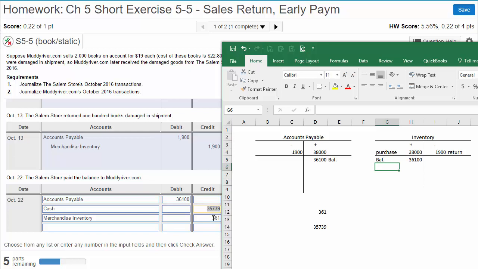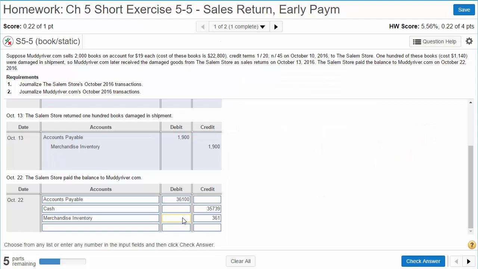We're going to take the discount amount, $361, put it on the minus side. And now we have the latest balance equals 36,100 minus this. So now that we have subtracted this discount from the inventory account by putting it on the credit side, the actual cost of the inventory is now correct. So that's why when we pay early and we get a discount, we lower the cost of inventory.